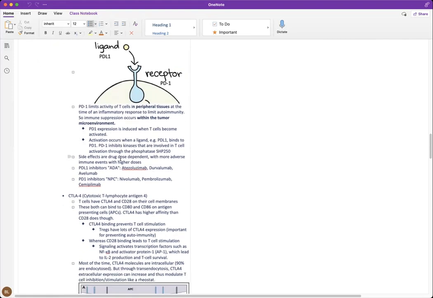And here I just have some notes. The side effects are drug dose dependent with more adverse effects with higher doses. That might be a question that you get.